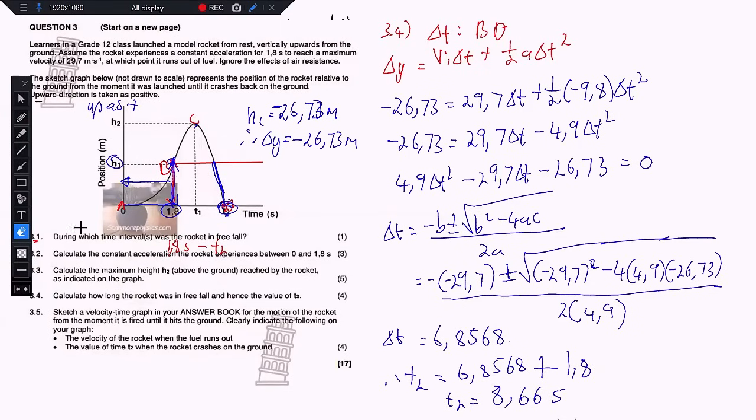Then 3.5 says sketch a velocity time graph in your answer book for the motion of the rocket from the moment it is fired until it hits the ground. Clearly indicate the following on your graph: the velocity of the rocket when the fuel runs out, and the value of time T2 when the rocket crashes on the ground.